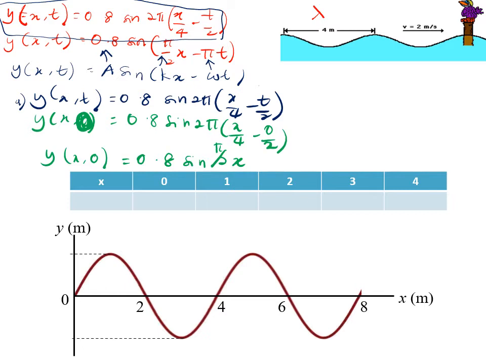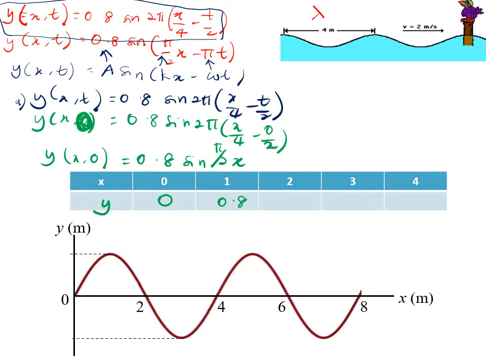Once you calculate it, at x equal to 0 your y is also 0. When we substitute x as 1, you will get 0.8.